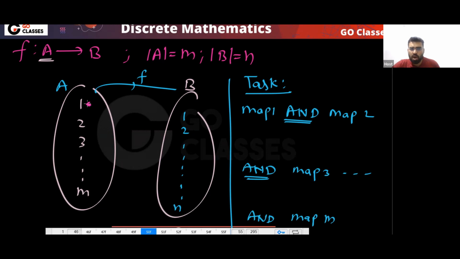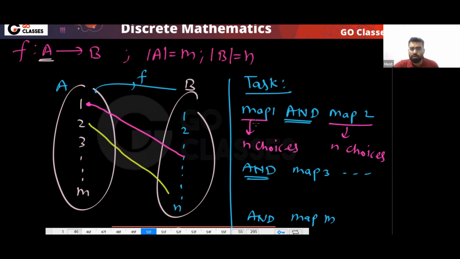To map 1, how many choices do we have? To map 1, we have a total of n choices. This one can map to any of these elements. To map 2, we again have n choices; you can map it anywhere.